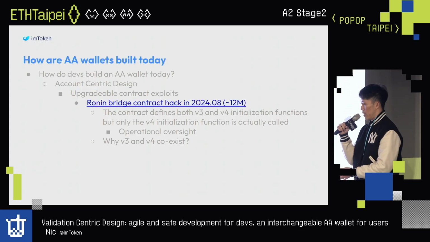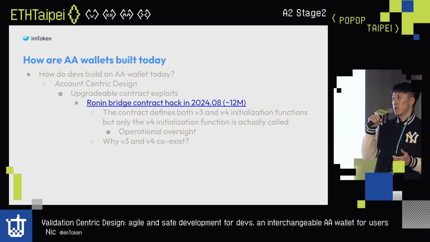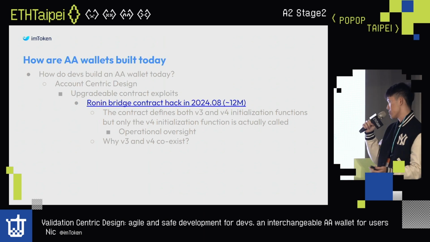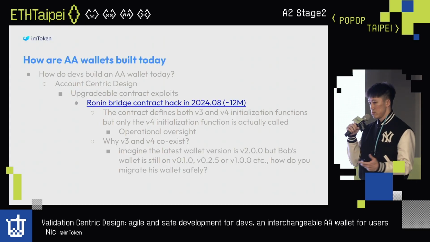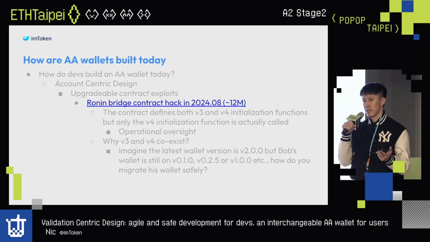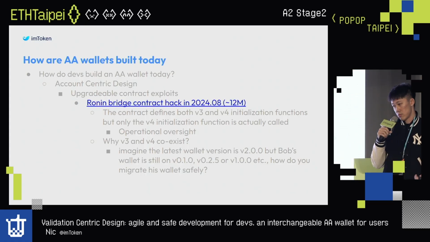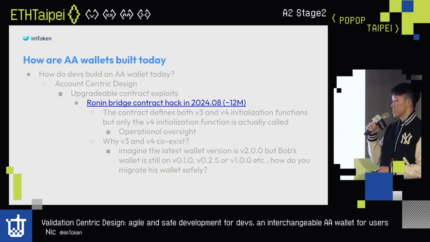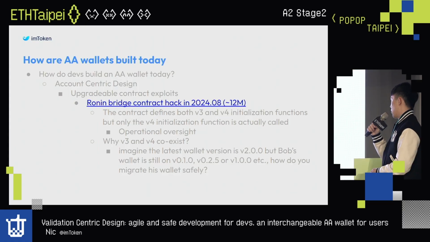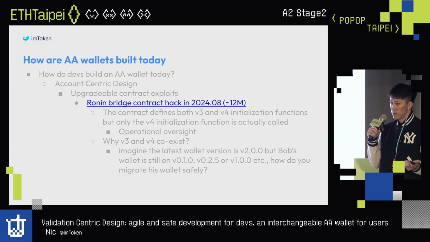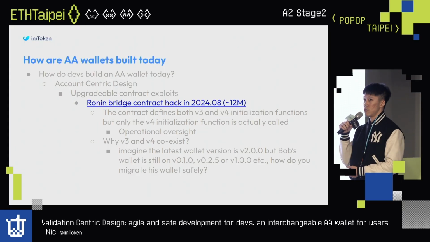So yeah, that's true. But you might also wonder why version 3 and 4 would coexist. Imagine you're a wallet dev and your latest wallet version is version 2.0.0. But your user, Bob, might still be on version 0.1.0 or version 0.2.5, and he hasn't used it for a long time.